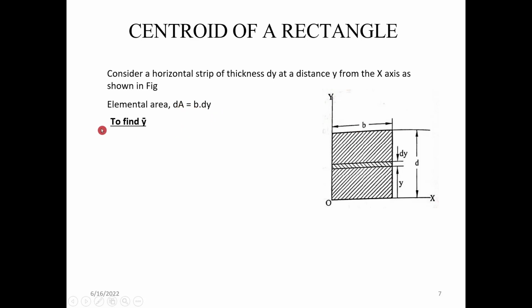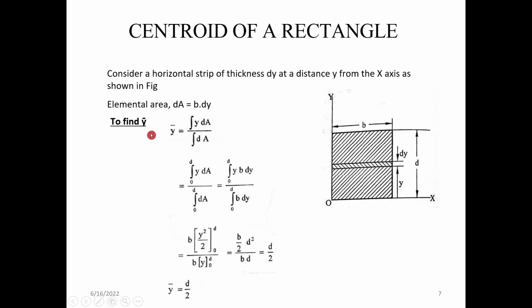To find y bar, we have the equation y bar is equal to integral y into dA by integral dA. The y actually ranges from 0 to d, the depth. So dA can be replaced by b into dy. b is a constant and dy is the integrand.